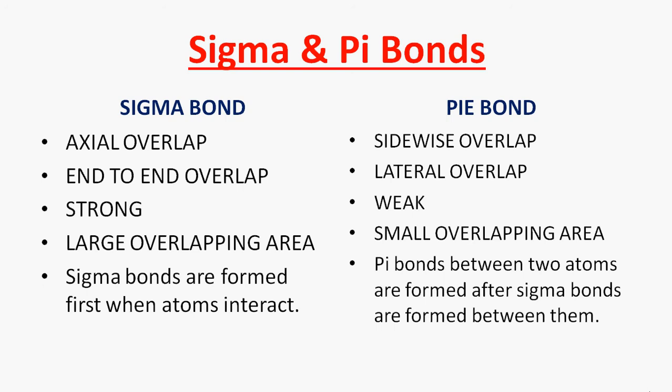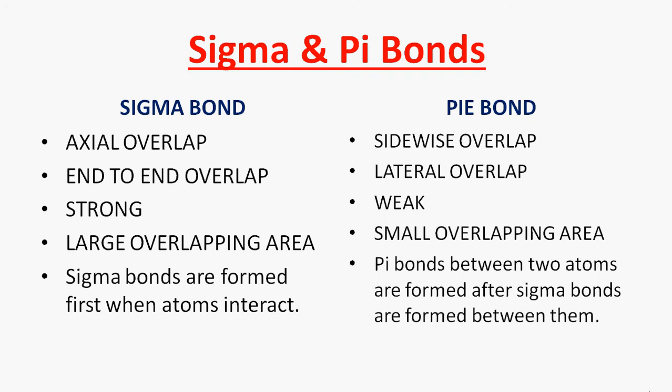Sigma bonds are formed first when atoms interact. It means that if there is one bond between two atoms, that is a sigma bond and there is no pi bond. But pi bonds between two atoms are formed after sigma bonds are formed between them. If we take alkenes or alkynes, in the case of alkenes, the first bond formed is sigma and the second bond formed is pi.